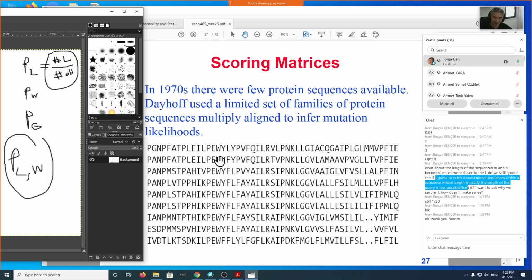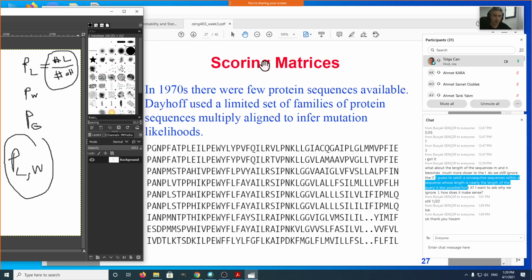We make this experiment for all pairs: this L and this F together, all pairs of amino acids in a single column, are amino acid pairs that are observed together in nature. One of them can be substituted with the other. The mutation occurred, there was a substitution from L to F, and this organism is still functioning.